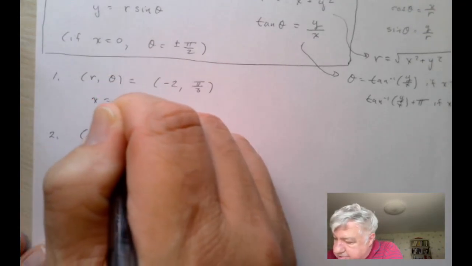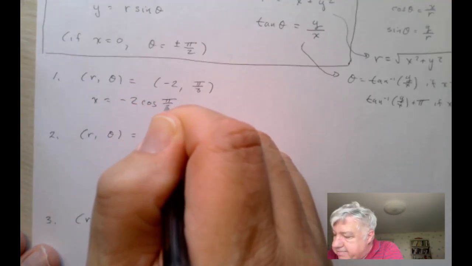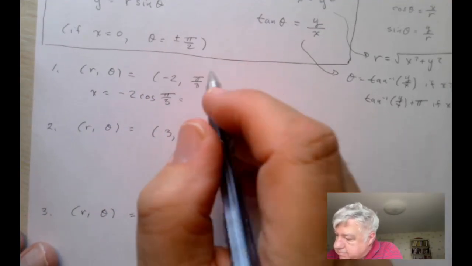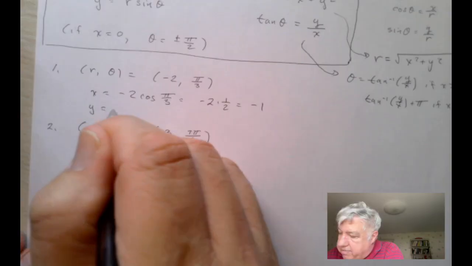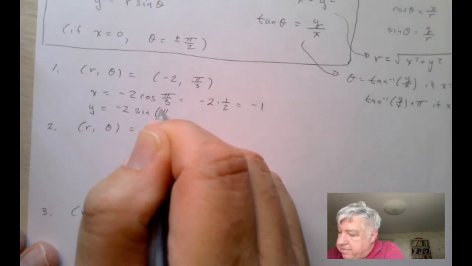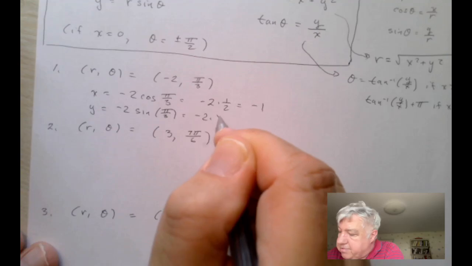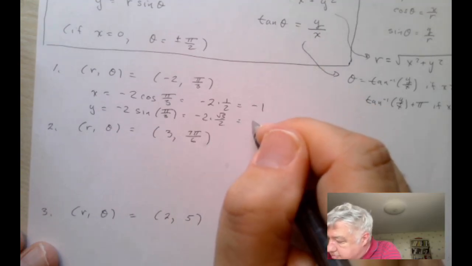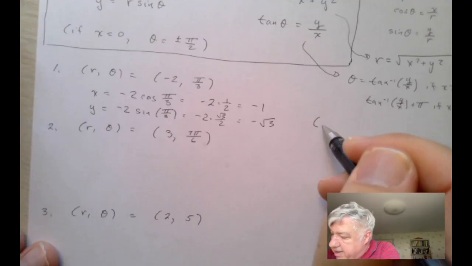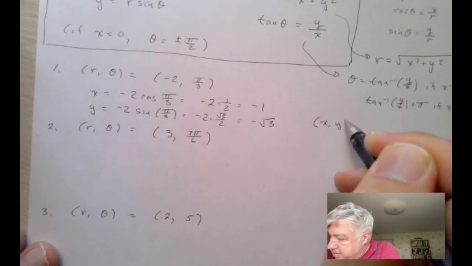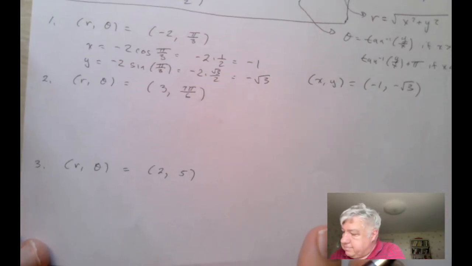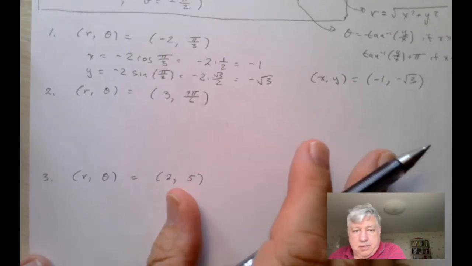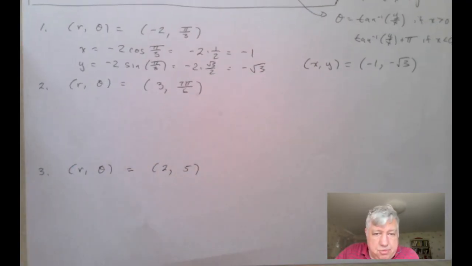So x would be negative 2 cosine of pi over 3, which is negative 2 times 1/2, or negative 1. y would be negative 2 sine of pi over 3, which is negative 2 times square root 3 over 2, or negative square root 3. So (x, y) would be negative 1, negative square root 3. I'll let you think about number 2 and 3 and work on those for a moment.